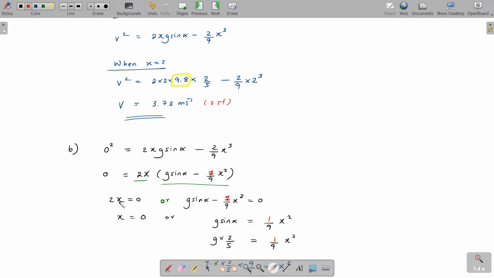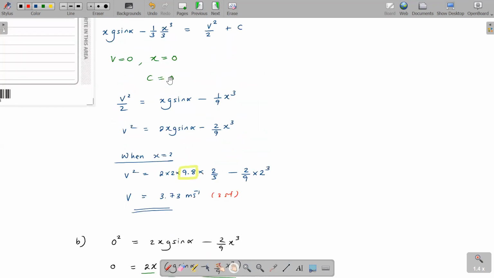So I get here 2x is 0 means x is 0. This is true, right? Because your velocity was 0 when x equals 0. That was the initial condition, right? So we are setting our velocity to 0 and finding the x values at which v equals 0. So we get here x as 0. This is pretty obvious, right? Because that was what we used.